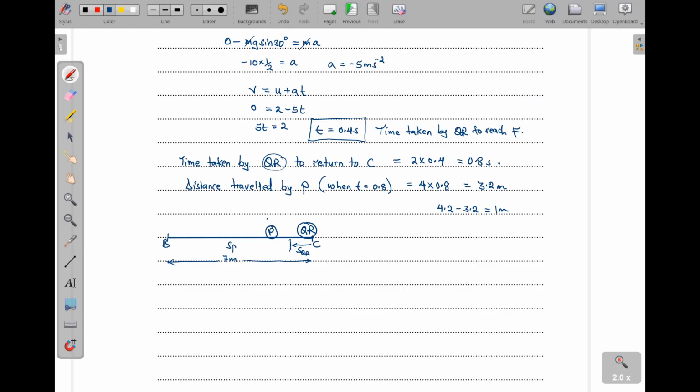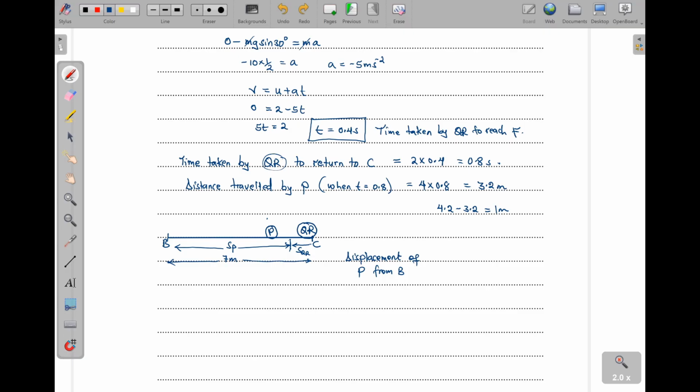So this is the whole distance which is going to be traveled by P here. Now let's look at what is happening here. What is the displacement of P from B? Where these two are going to collide, they are going to be the same distance from B.